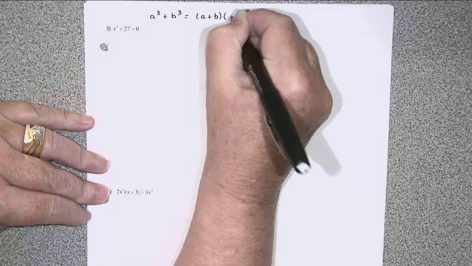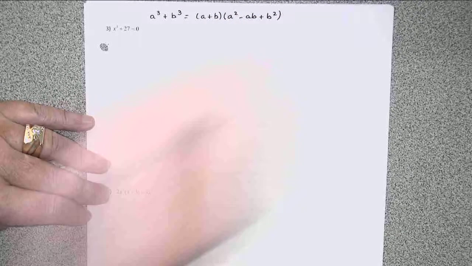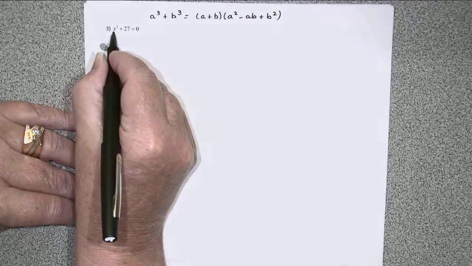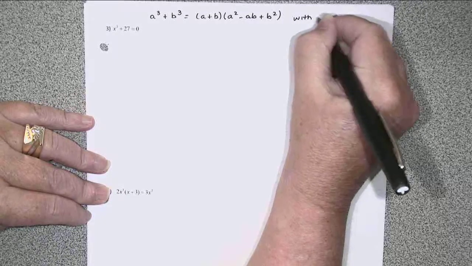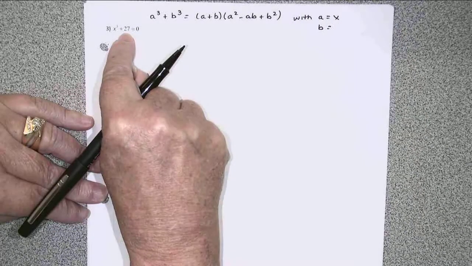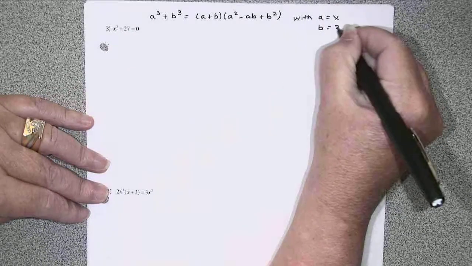It looks like this. And in our particular case, the a would just be x. And since 27 is 3 cubed, b would be 3.